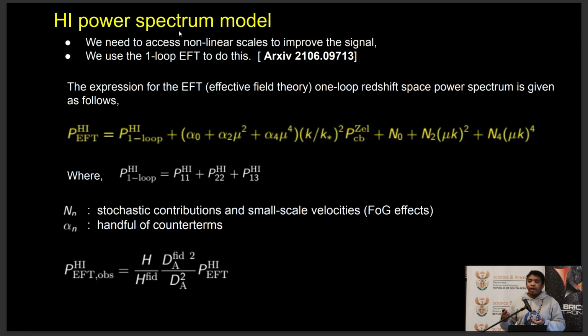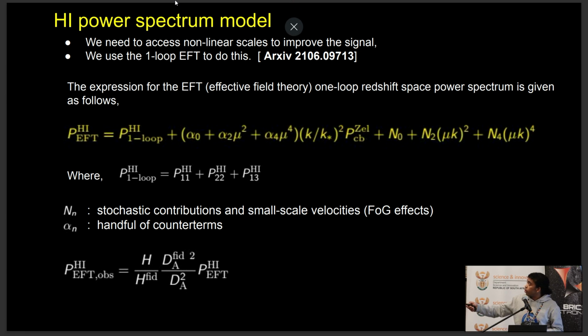Hence we add next-to-leading order terms based on the standard perturbation theory, which is a key proxy of nonlinear scales, but the standard perturbation theory comes with some problems like the UV divergence. Hence, we use the one loop EFT power spectrum to overcome that problem, which leads you to the Euler equation.